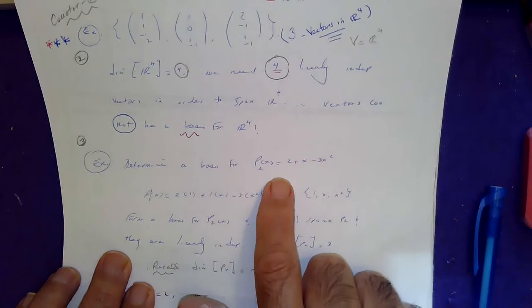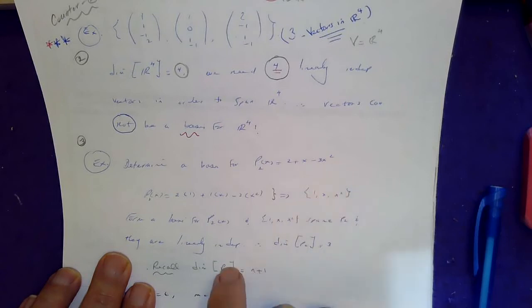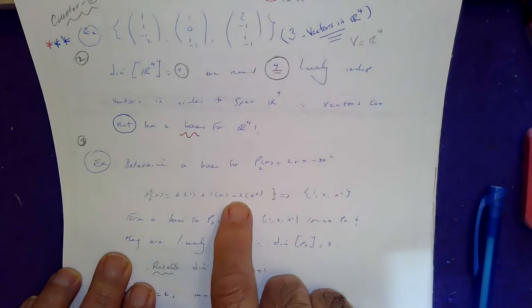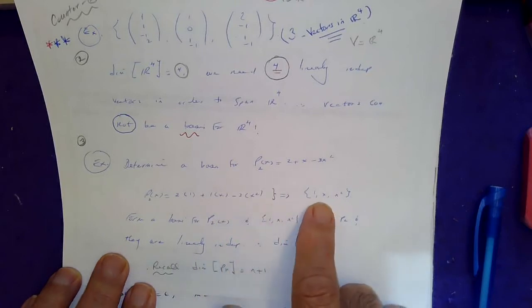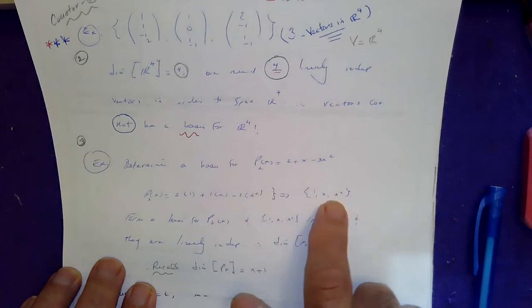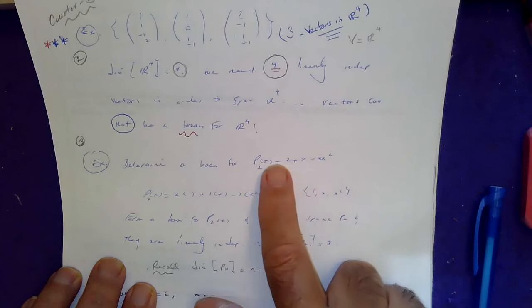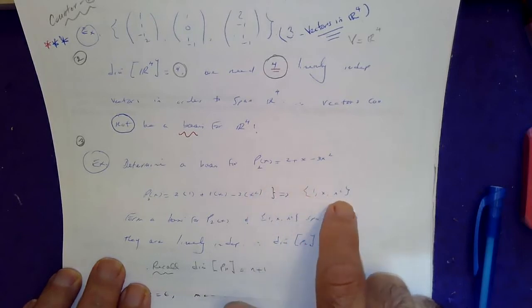What would be a basis for this particular second degree polynomial, 2 plus x minus 3x squared? Well, if we rewrite this as 2 times 1 plus 1 times x minus 3 times x squared, looks like these guys will span any P2, any polynomial of second degree or less, and they are linearly independent.